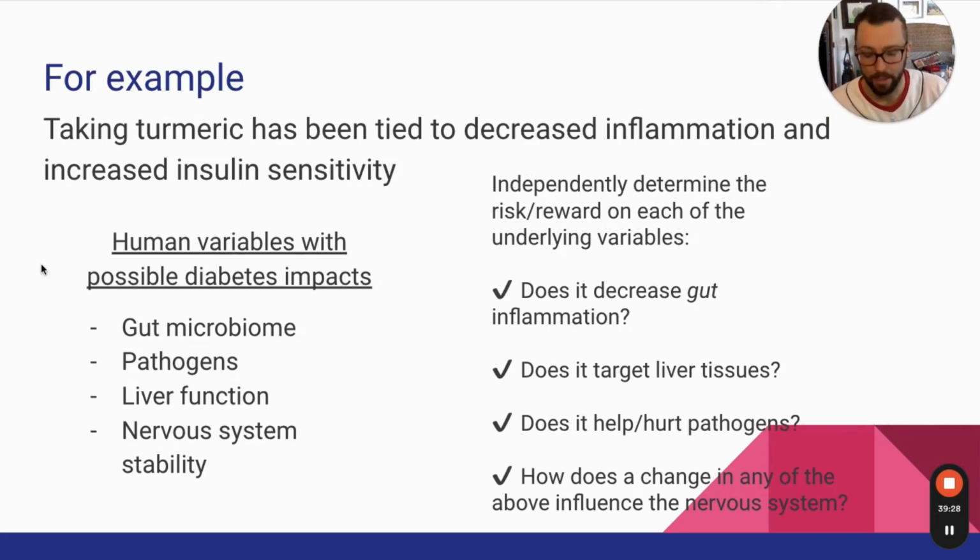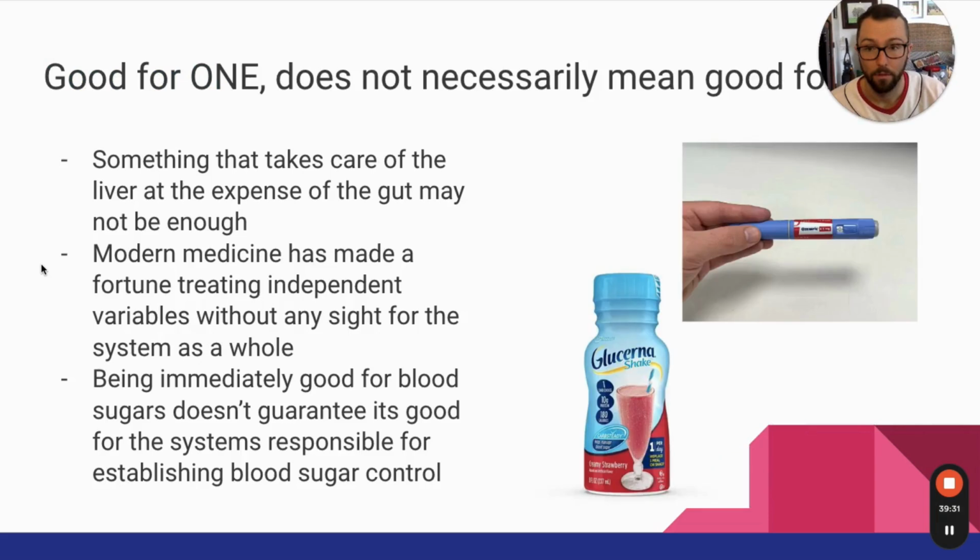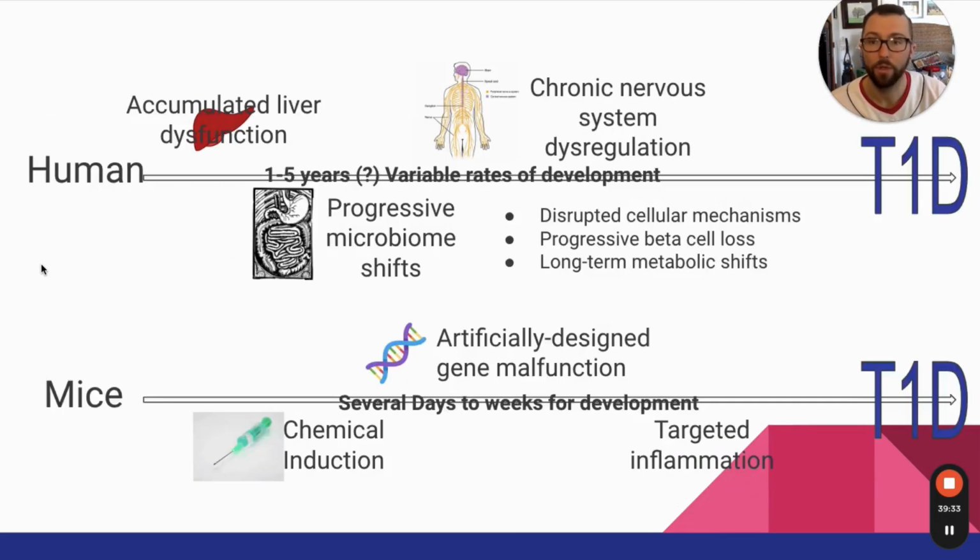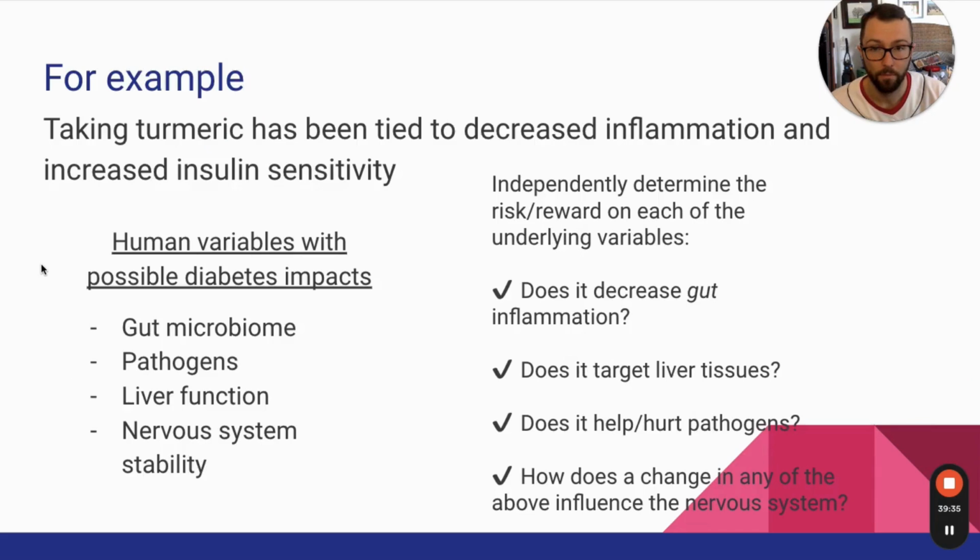And when you consider this timeline, let's just take one kind of benign substance here and see how we can apply that in a human model. So let's say a mouse study comes out and says that turmeric can decrease inflammation.